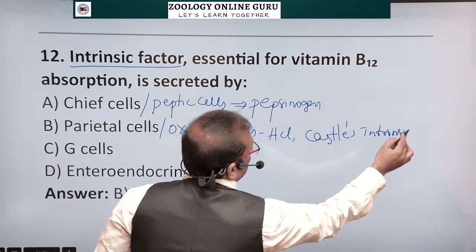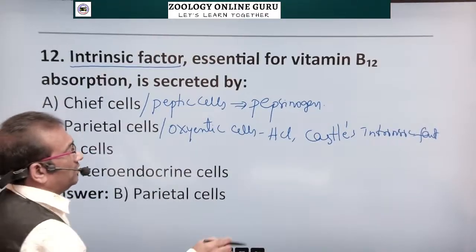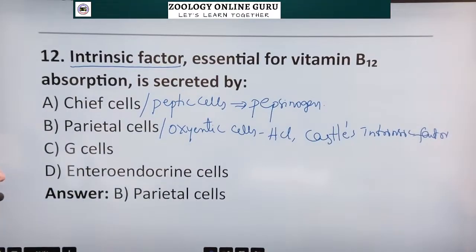To absorb vitamin B12, we require intrinsic factor, which comes from the parietal cells.